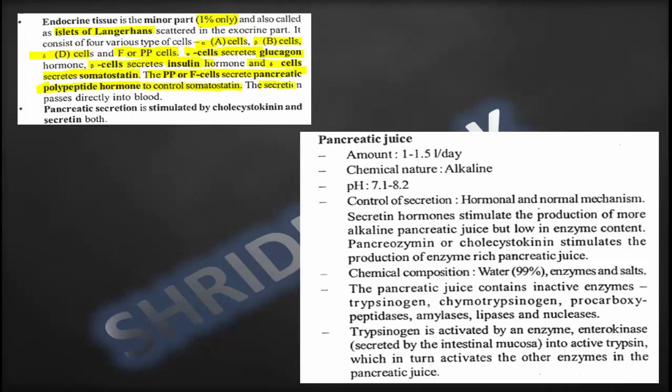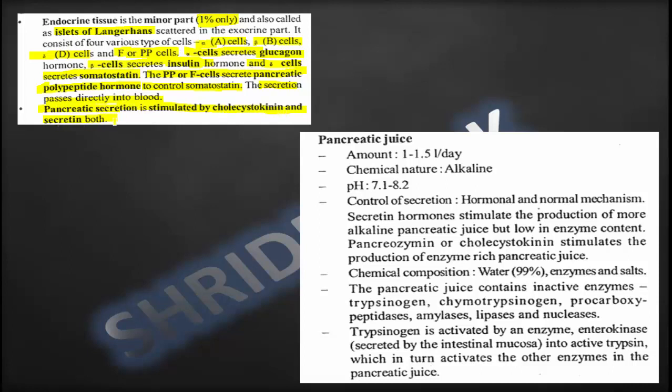The secretion passes directly into the blood. That is why they are hormones and the part is called endocrine, because it doesn't have any duct. Pancreatic secretion is stimulated by cholecystokinin and secretin. These are the hormones which support the secretion of the pancreas.